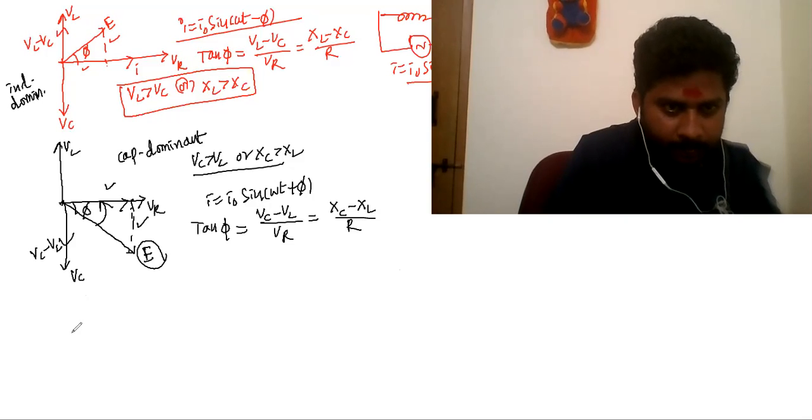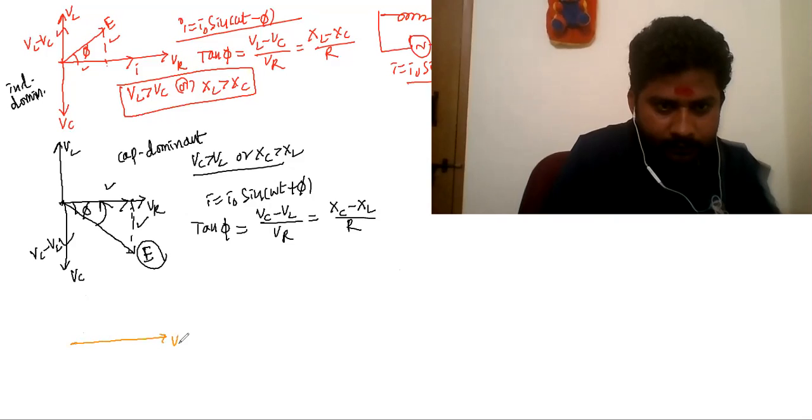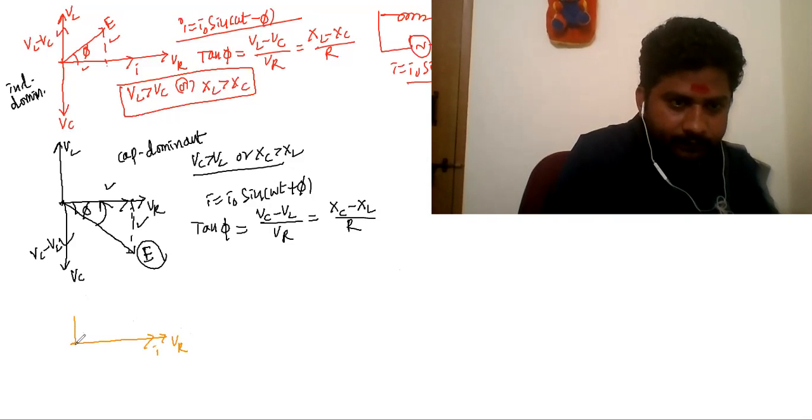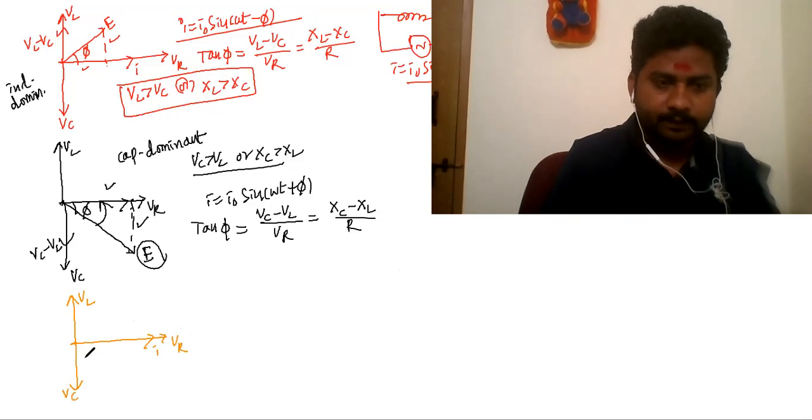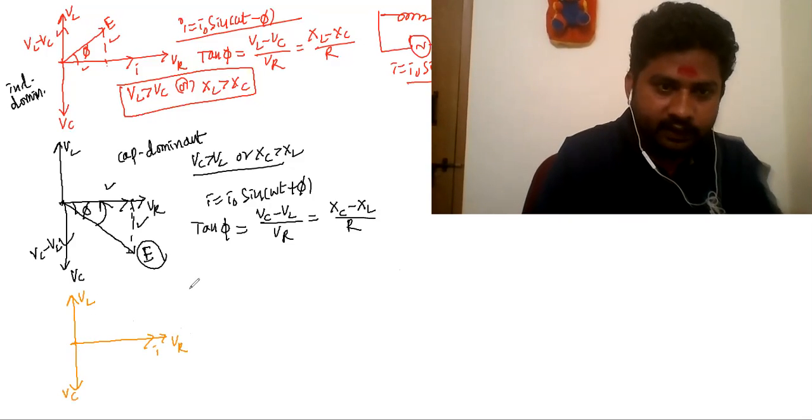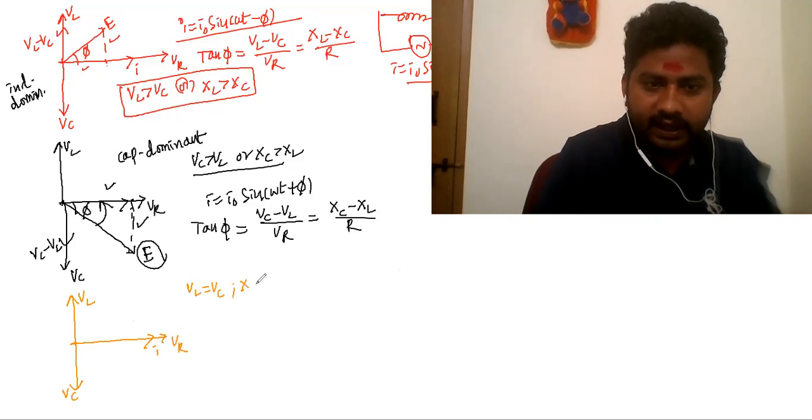One more here. Same. VR, it's I. This is your VL. This is your VC. For example, VL is equal to VC. So that means your XL is equal to XC.